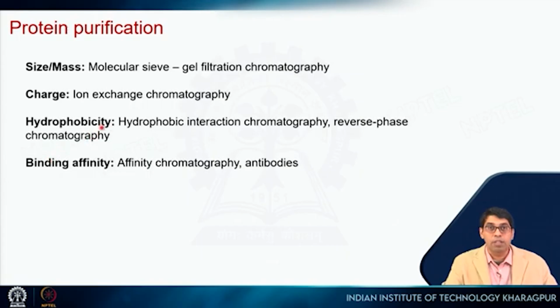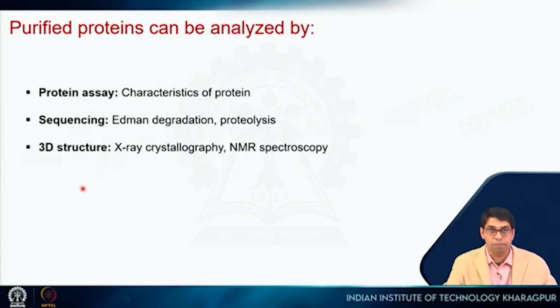We can take advantage of the hydrophobicity of the protein. If there are hydrophobic groups exposed on the protein, then it will stick to the reverse phase column more than other proteins, right? And finally, this is more specific: we can use the binding affinity of the protein to certain molecules. We will see examples of all this in today's lecture.